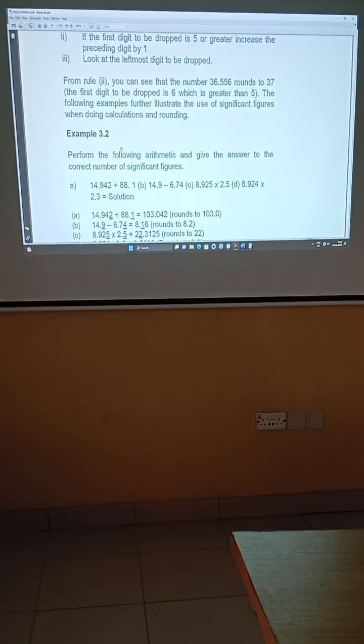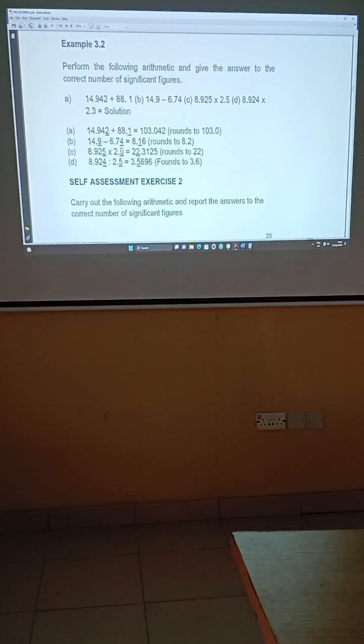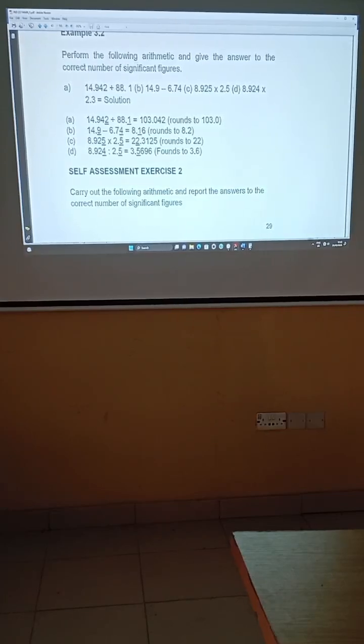Let's consider example 3.2. Perform the following arithmetic and give the answer to the correct number of significant figures. Take a look at this. It says 14.942 plus 88.1. It's here already.